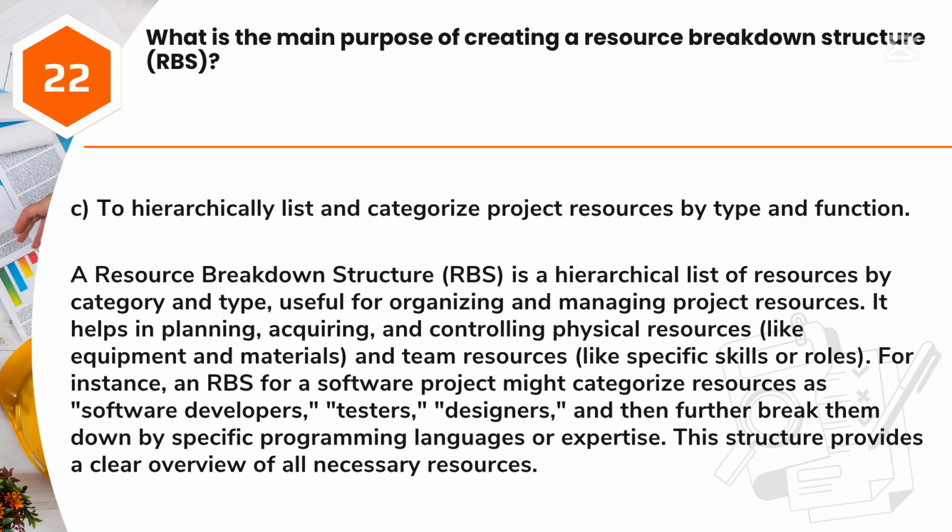For instance, an RBS for a software project might categorize resources as software developers, testers, designers, and then further break them down by specific programming languages or expertise. This structure provides a clear overview of all necessary resources.